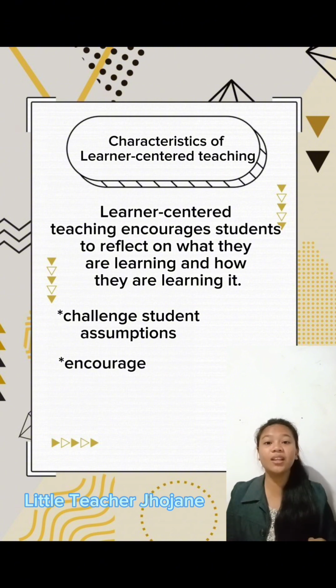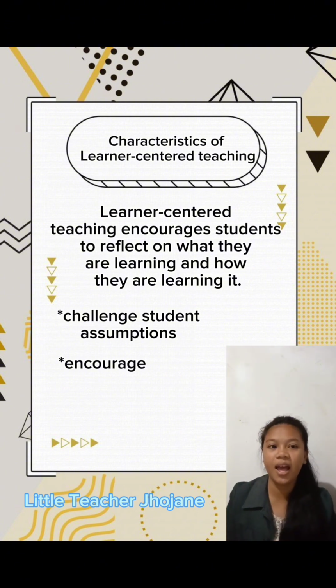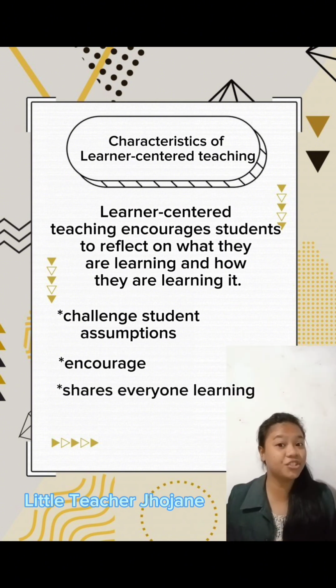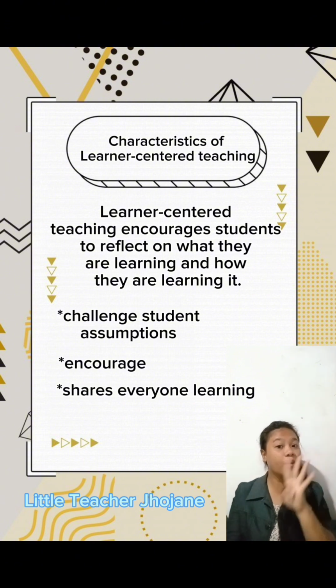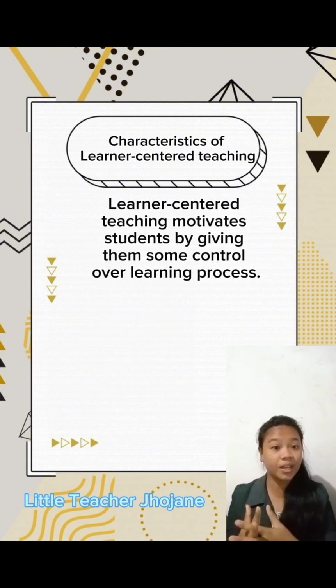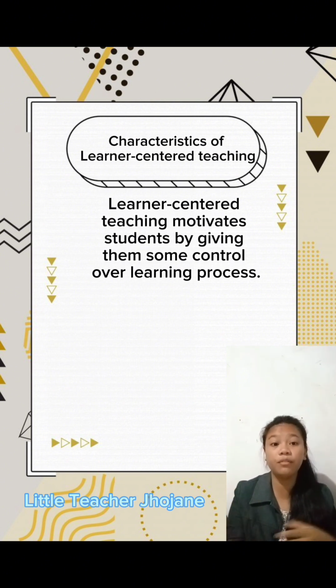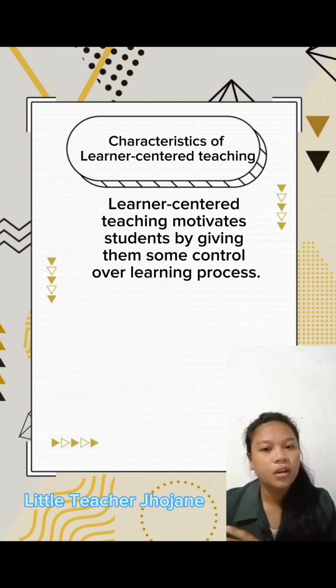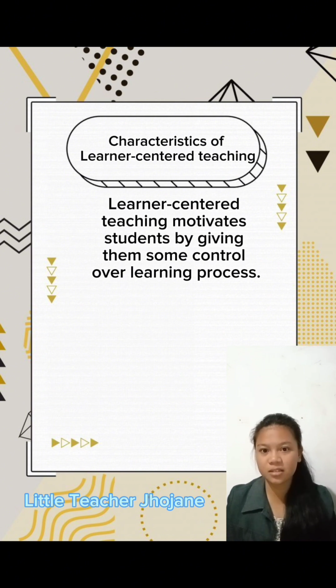It is teaching that encourages collaboration, acknowledging the classroom as a community where everyone shares the learning agenda. I repeat, everyone shares the learning agenda. So the fourth is that learner-centered teaching motivates students by giving them some control over the learning process. So the characteristics have a connection.